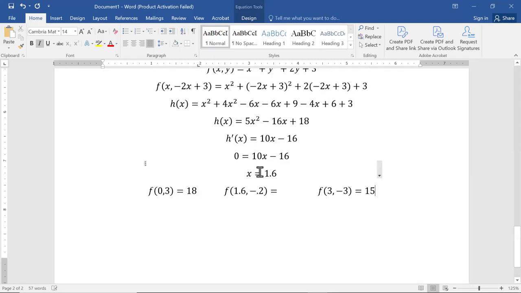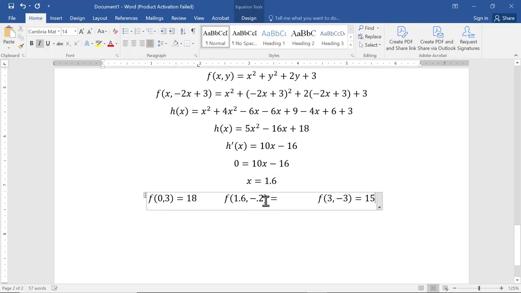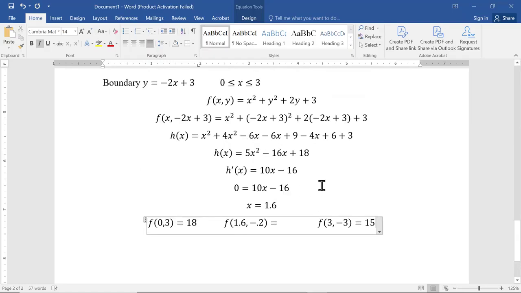The only one we haven't done is 1.6 comma negative 0.2. You can plug that 1.6 in for x, the negative 0.2 in for y. If you do that, 1.6 squared plus negative 0.2 squared plus 2 times negative 0.2 plus 3 becomes a 5.2.